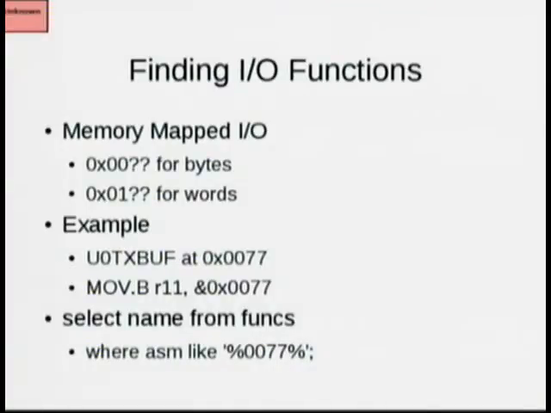So if U0's transmit buffer is at 77 hex, and you see an instruction that says move the byte in R11 to 77 hex, you know that that instruction is writing an output byte. If you know what's plugged into that port, which you can easily find by looking at the board and tracing the wires, then you can tell that this, say, transmits a byte to the PC, or this transmits a byte to the radio.